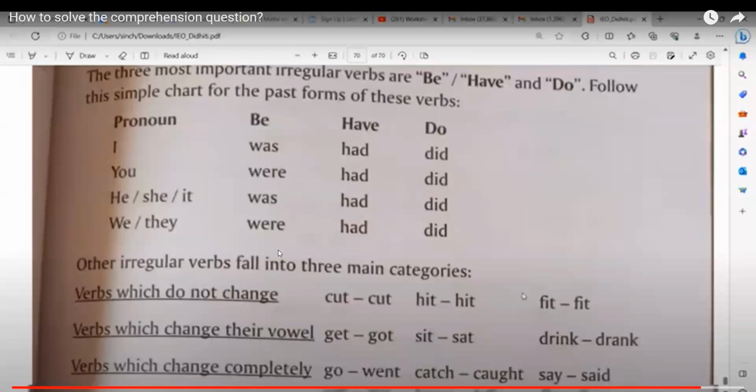Okay, fine. Very good. Okay, Rajdeep, can you make a sentence with she and was? She was walking on the road.